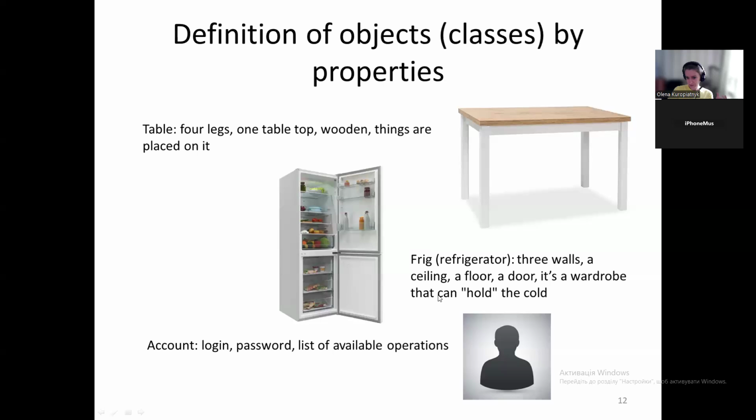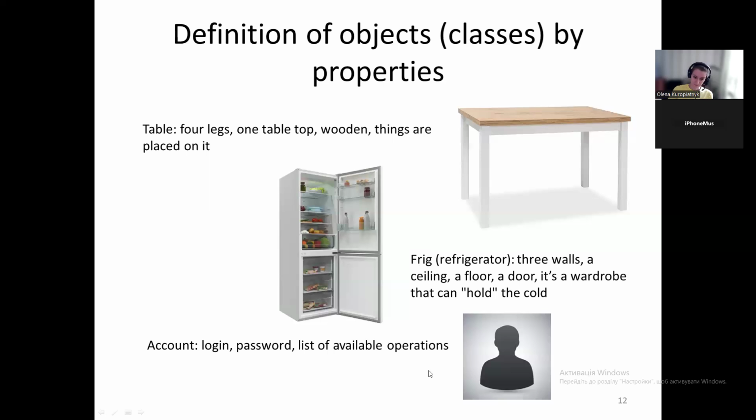And the third example, account. If we talk about an account, we know that this object has 2 static properties, login and password, and the third property is static too. It's a list of available operations.